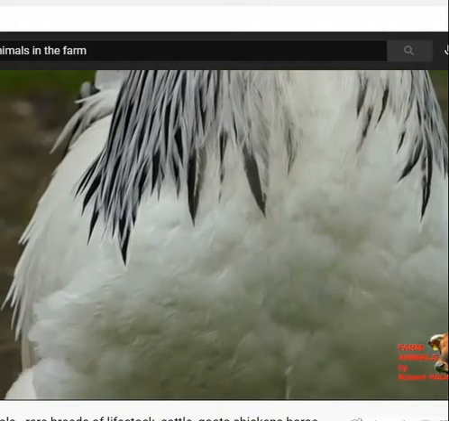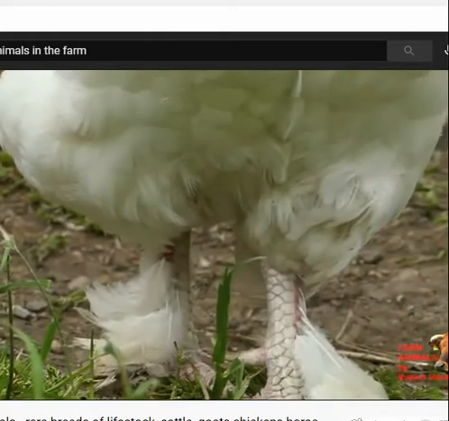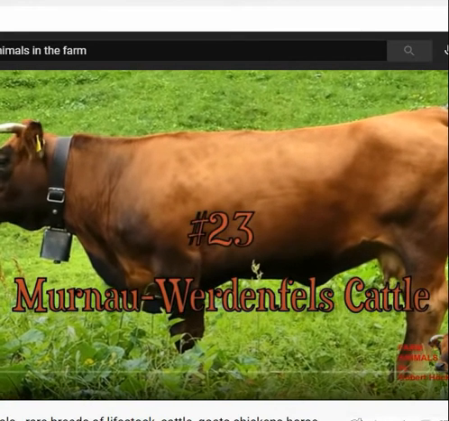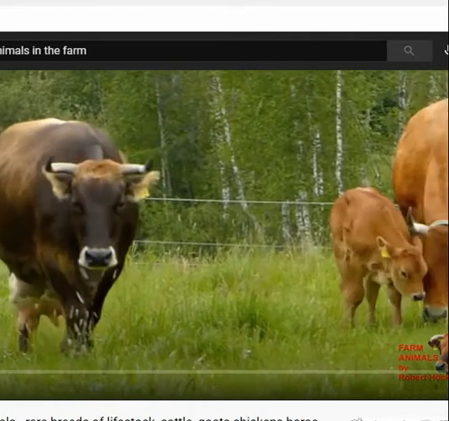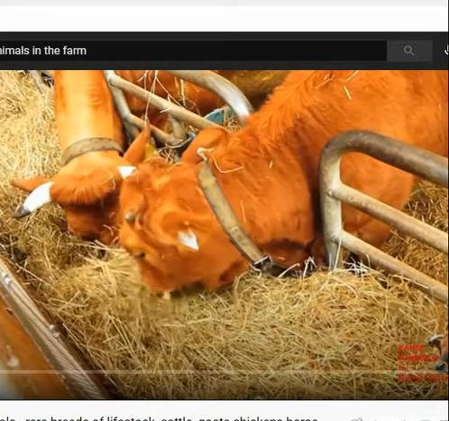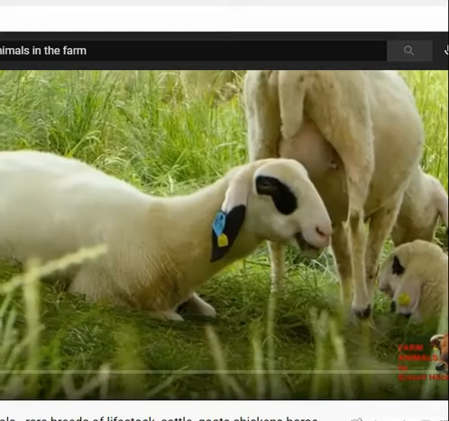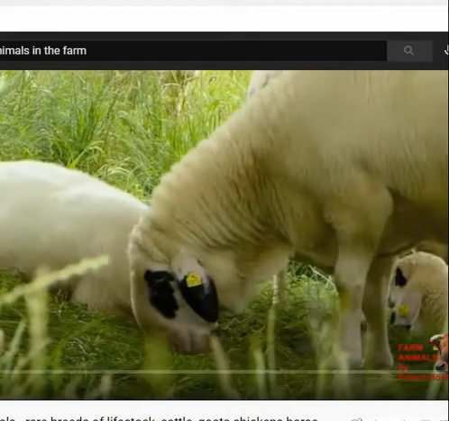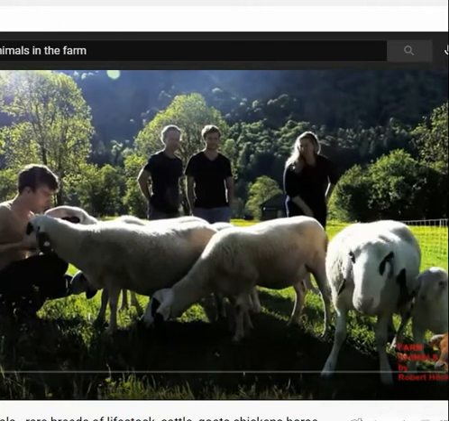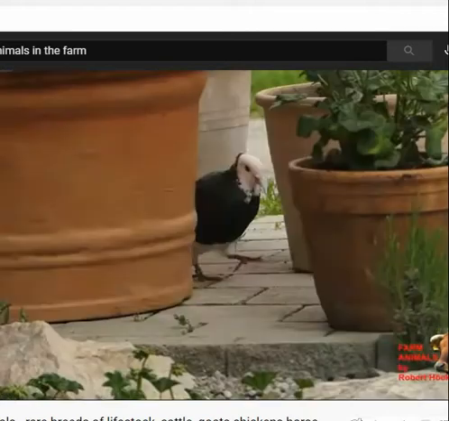So they need our care and we can benefit from them. We can benefit from their milk, meat, from their wool.